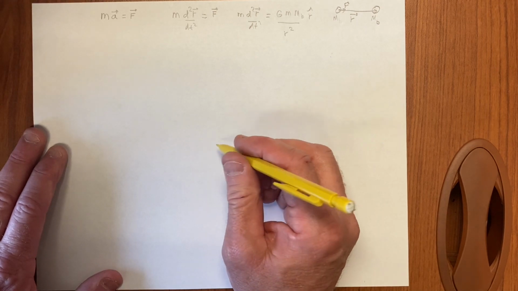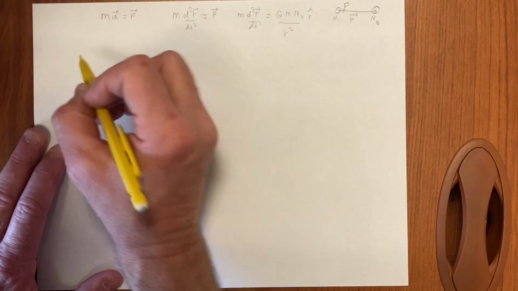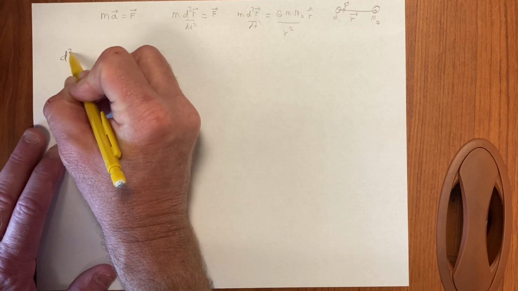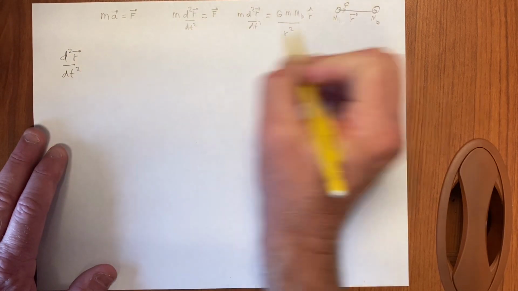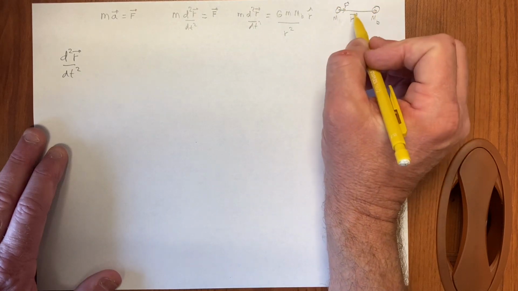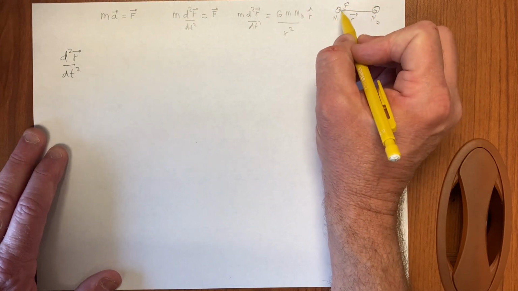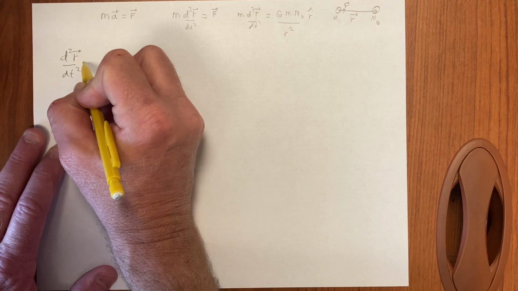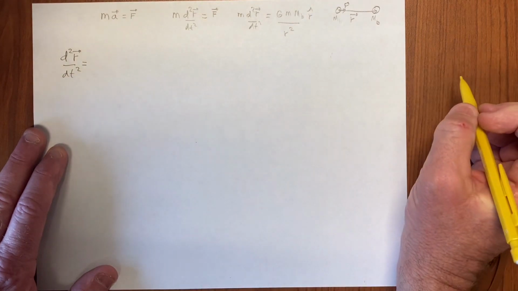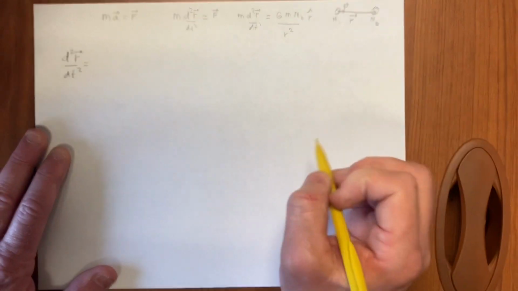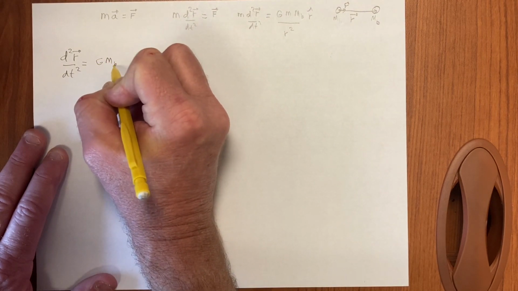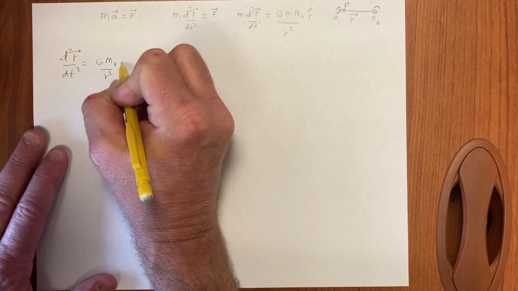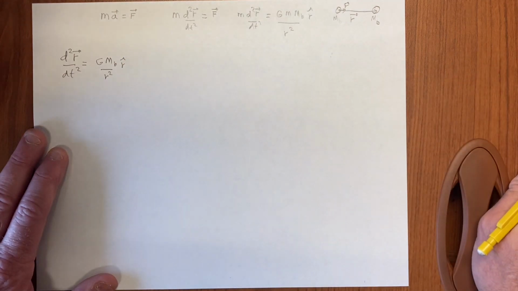Okay, so let's look at the acceleration term. So we have a two-body system, and we're looking at the acceleration on this one. We're just dividing by this mass, and so we end up with G mb over r squared r hat.